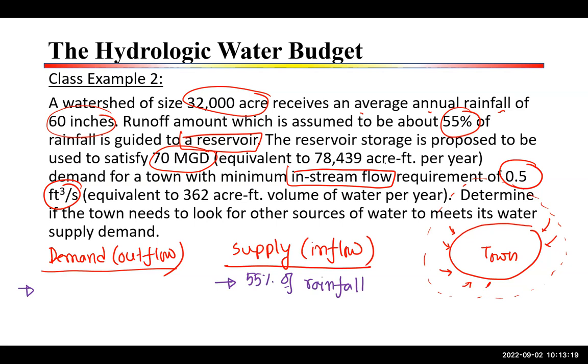They already gave you all the conversion factors, so this time we are not concerned about the unit conversion. Okay. Acre feet per year. Is there any other demand in that town? Is there any other demand other than that 70 million gallon per day?